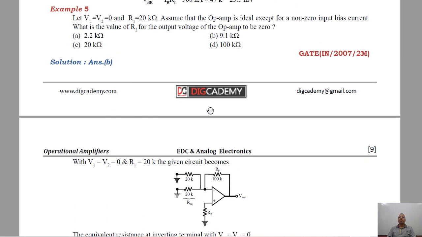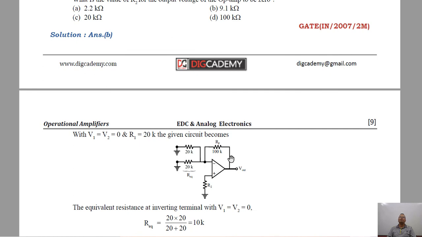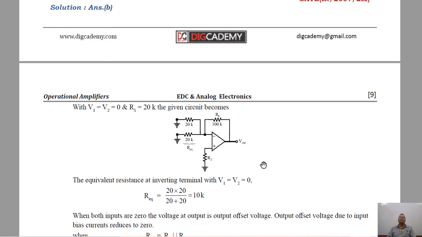Whenever you have compensating resistance here, output offset voltage is equal to RF into input offset current. But input offset current is 0 when input bias current is the same for this terminal and this terminal.